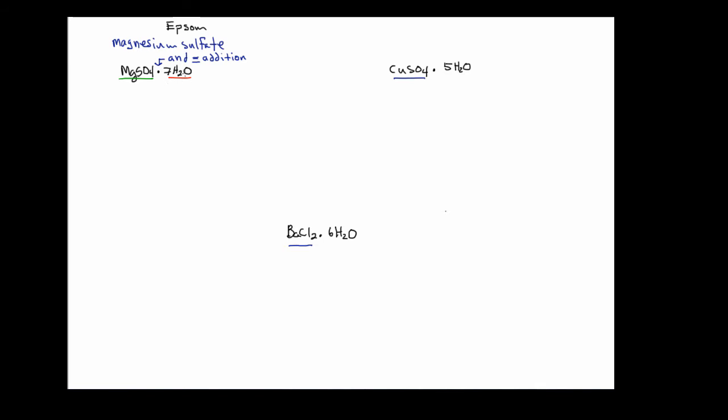So in the naming, we're going to use the word hydrate to indicate the water, and then that just leaves us with a way of indicating how many water molecules there are that are attached to this. And we're going to use a Greek prefix for that part of it. So in the case of the 7, we're going to use the prefix hepta. So this hydrate becomes magnesium sulfate heptahydrate.